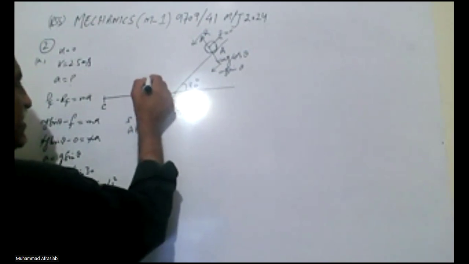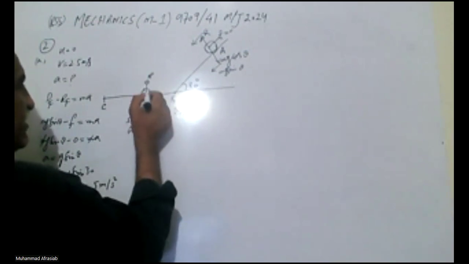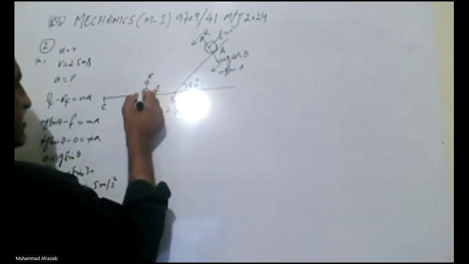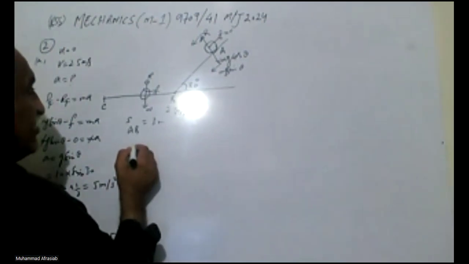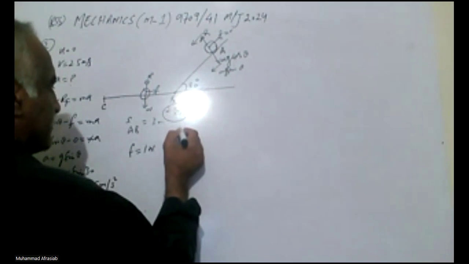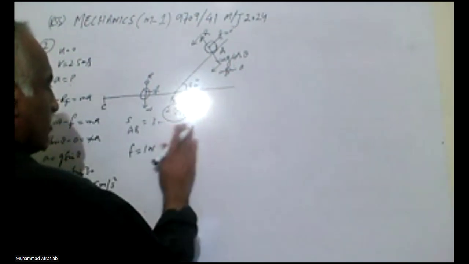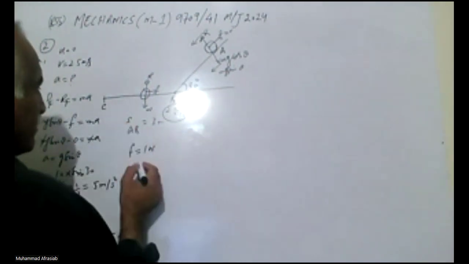So here it is R, it is weight, this is frictional force, and the driving force is 0 there. Now we know that the frictional force from B to C is equal to 1 Newton. First we are going to calculate the deceleration from B to C, because at B the new acceleration will be there.